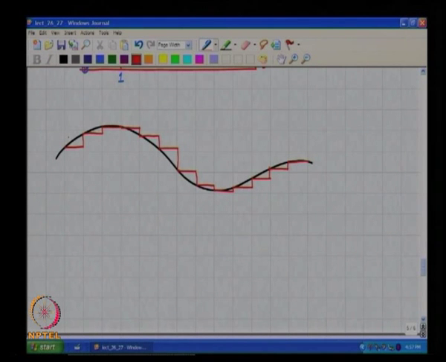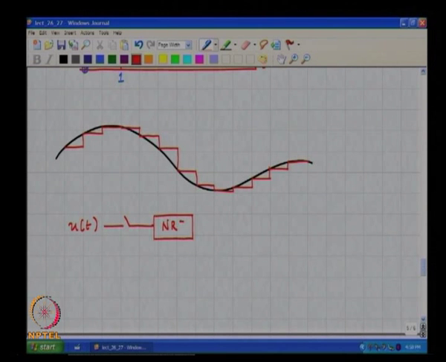So, as far as the stepped signal approximation is concerned, you can think of it as taking u of t, sampling it with an impulse sampler, and then passing it through a filter whose pulse shape is also an NRZ pulse.